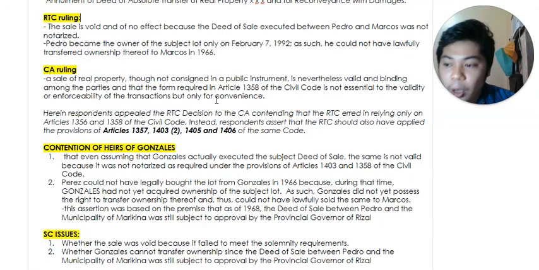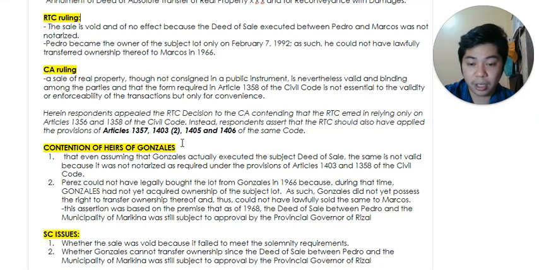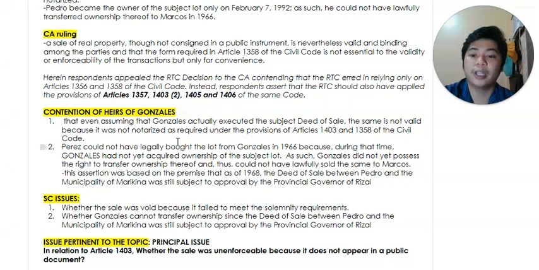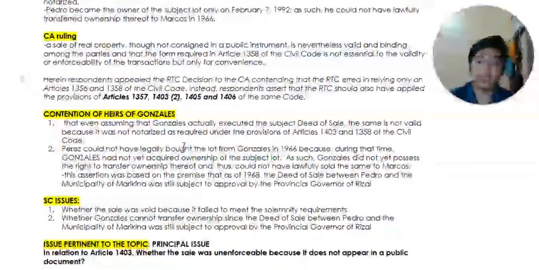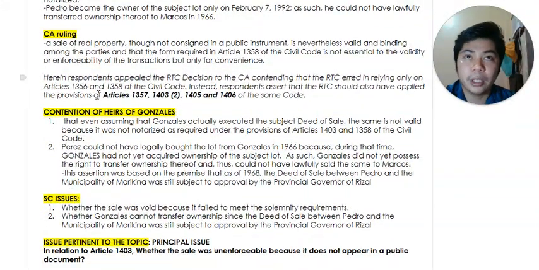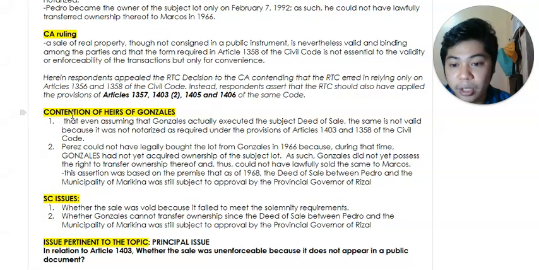Okay, so I also need to see if this is stated in the case, the contention of the petitioner or the contention of the respondent. In this case, what was stated was just the contention of the heirs of Gonzales. The heirs of Gonzales contend that even assuming Gonzales actually executed the deed of sale, the same is not valid.